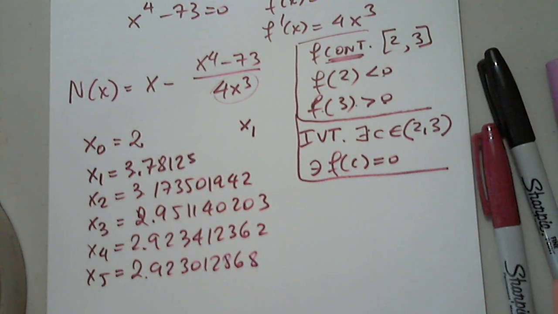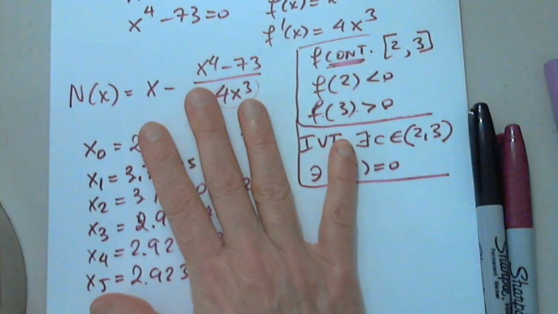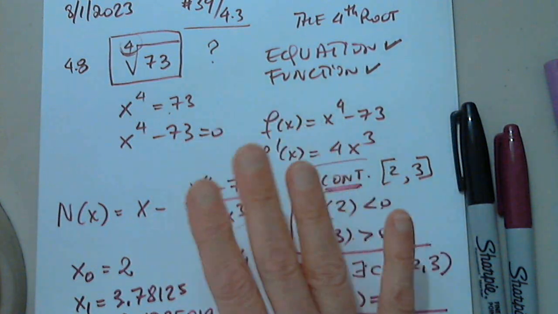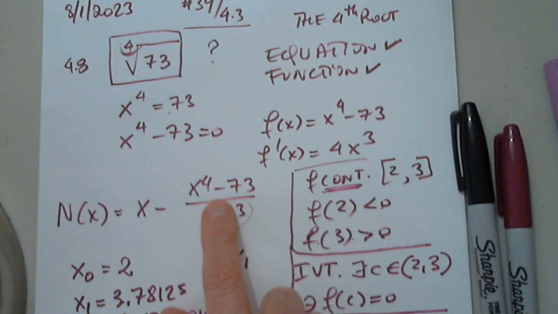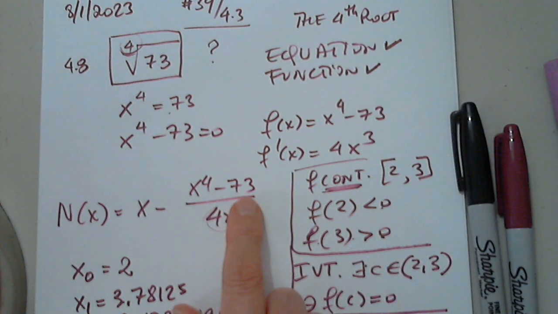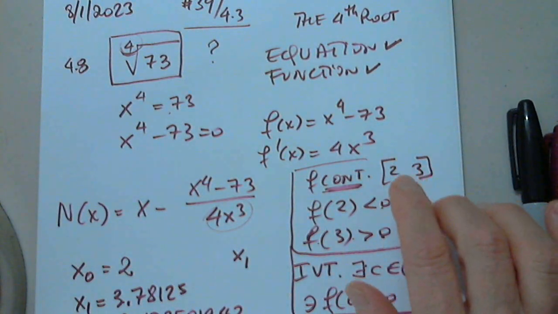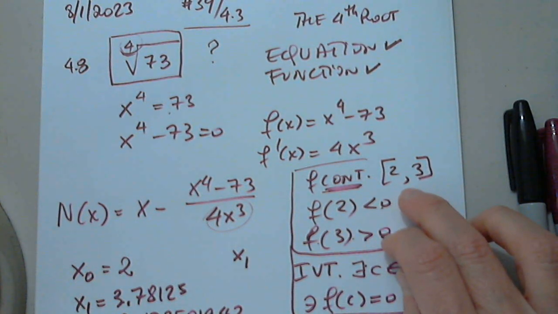So you use the original function and graph it to find the initial value? I'm not graphing it. I'm plugging in numbers. I did not graph x to the 4th minus 73. No, to find for a continuous function where it changes sign.